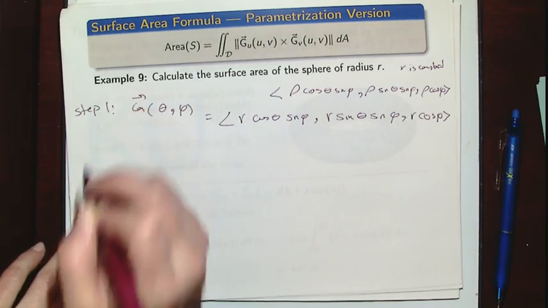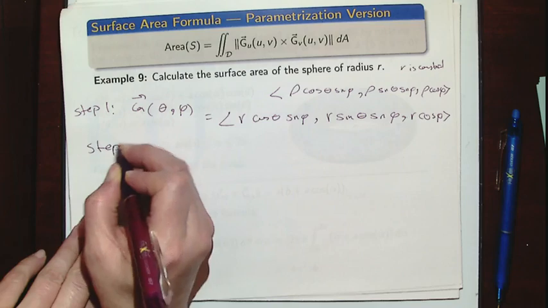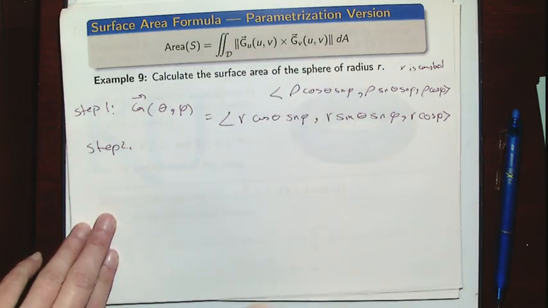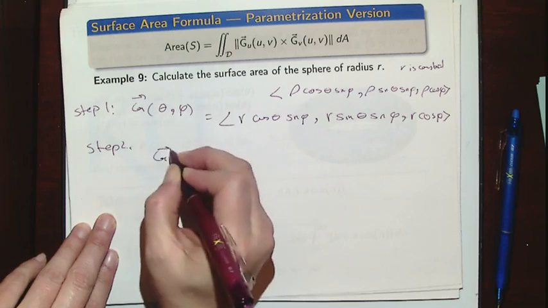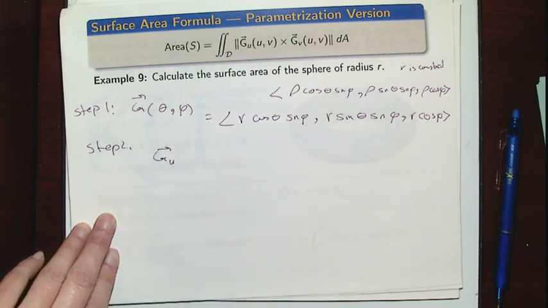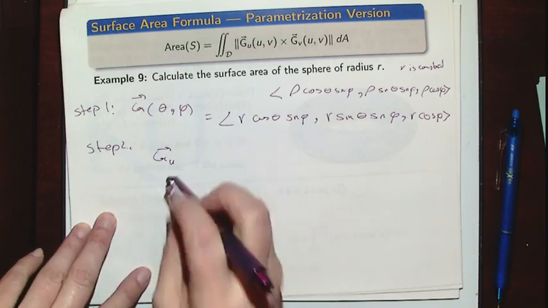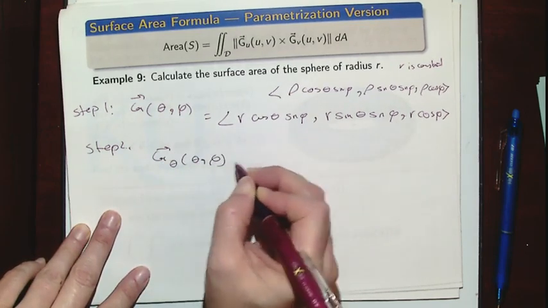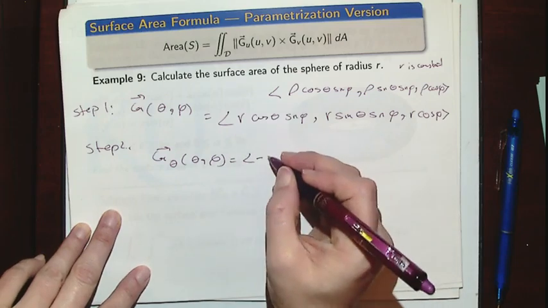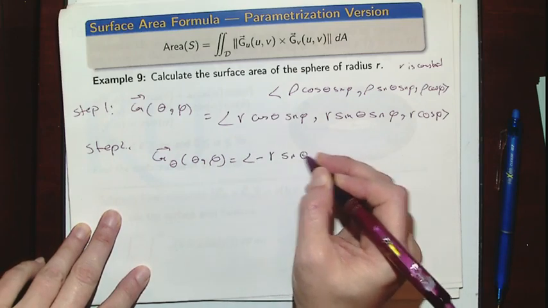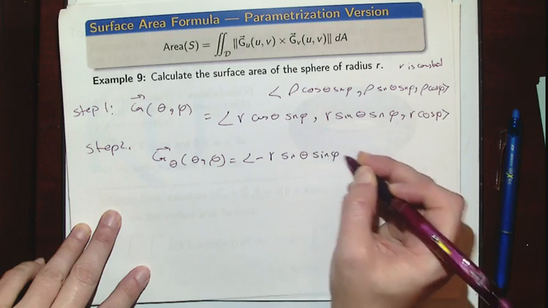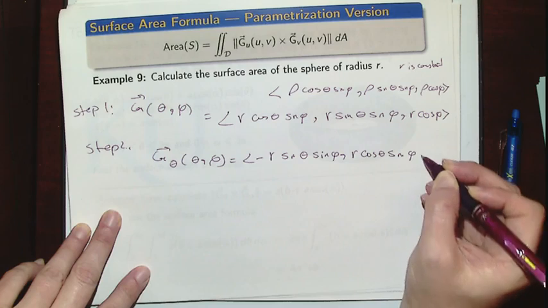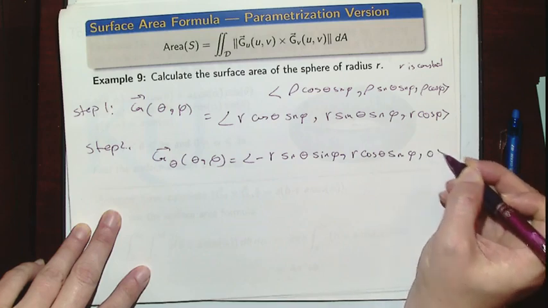What is step two? Find that and that so I can find the value inside the formula. So I'm doing G sub U. What is U? Theta. So G sub theta is going to be negative R sine theta sine phi, R cosine theta sine phi, and what's the last one? 0.